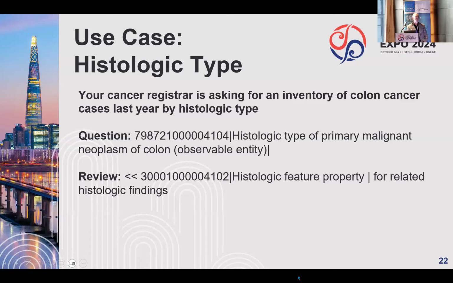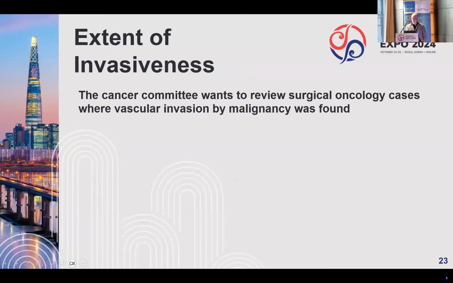And the answer in this case is nominal, and it's a series of morphologic abnormalities like adenocarcinoma and adenoma, et cetera, et cetera. I should mention that Scott tells me that there's a lot of work in terms of reconciling and coordinating the classification of histologic type with ICD-O, and that work is in process.